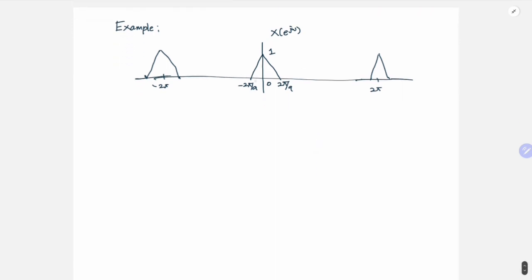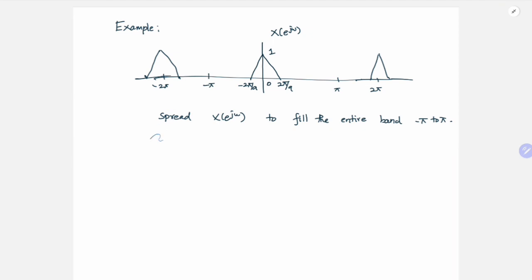So now what I have to do here is, I have to spread x of e per j omega to fill the entire band from minus pi to pi. So I have to just do a frequency expansion by a factor of 9 by 2, right?